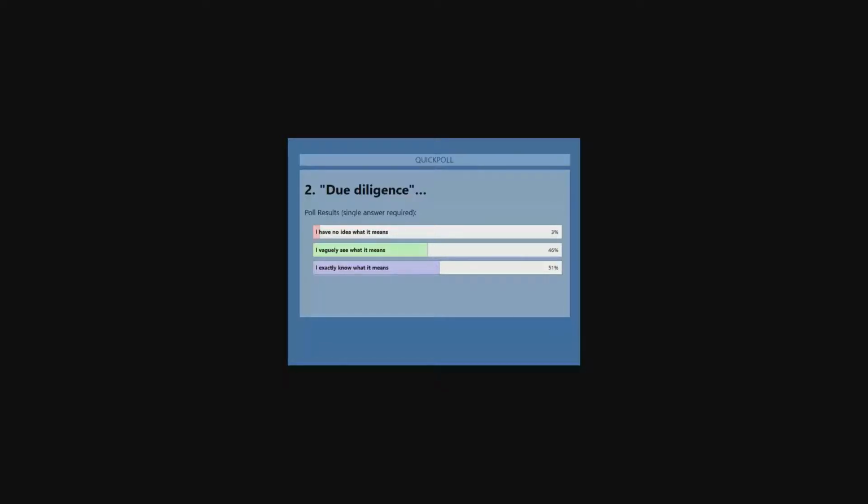So 51% know exactly what due diligence means, so that's actually good. But it's also good to see some who have a vague idea or don't have an idea. This is exactly the place to be then. And it would maybe be nice to do this poll again at the end of Friday and see if we have improvement.